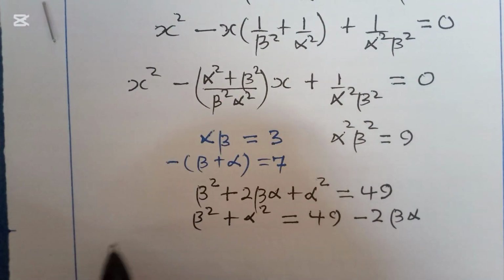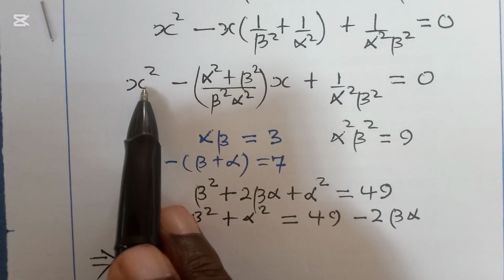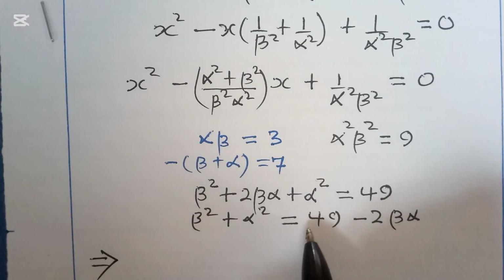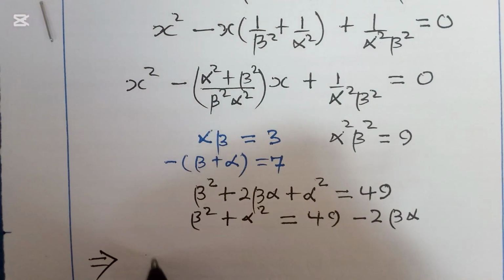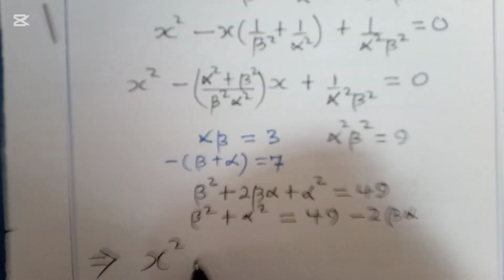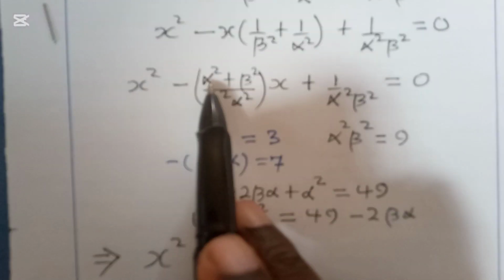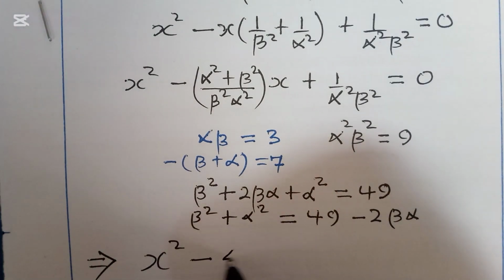So now guys, we can come to our main equation, which is here, and replace for this and this. So this will be x squared minus, here we have alpha squared plus beta squared, which is given by 49.